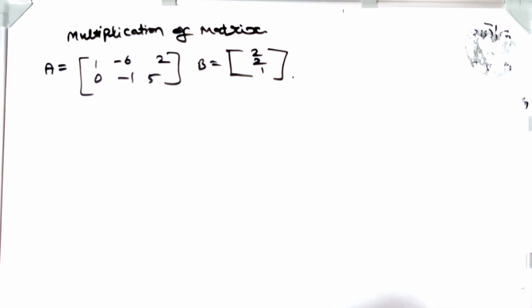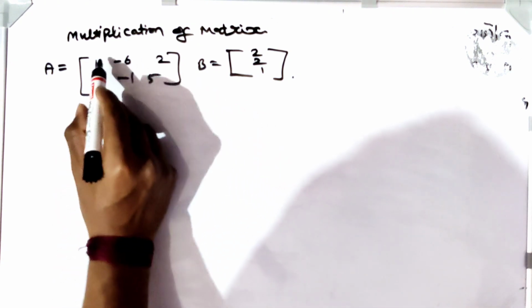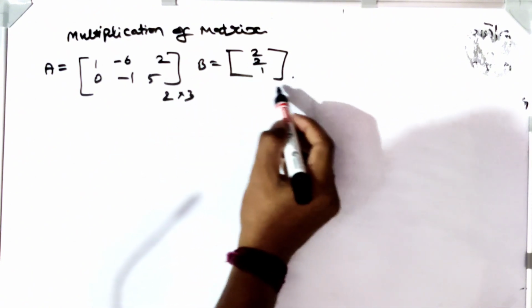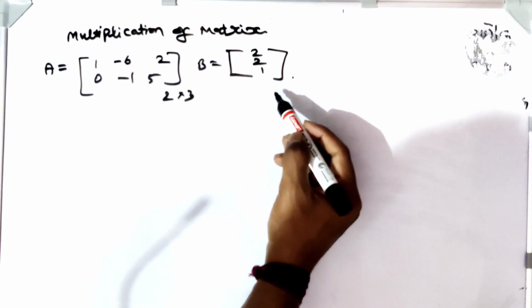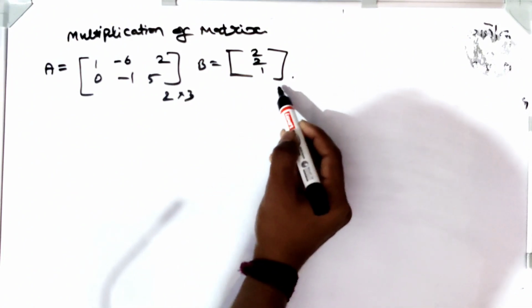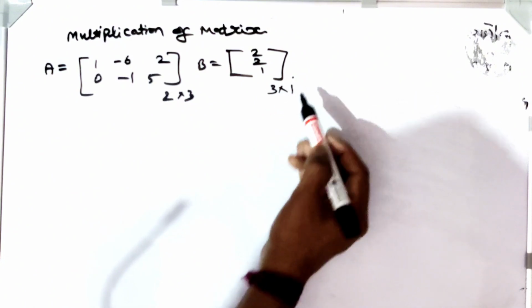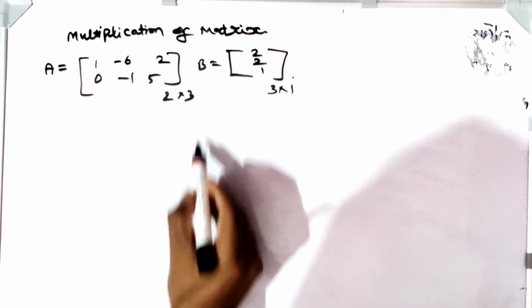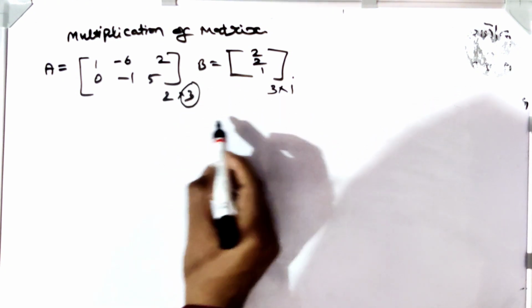The basic rule for multiplication is that this is a 2 cross 3 matrix and this is a 3 cross 1 matrix.